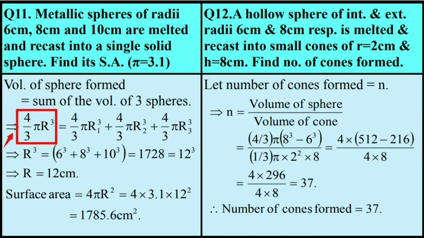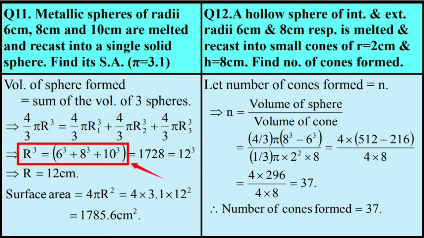In this given relation or equation, 4 by 3 pi r cube is the volume of the bigger sphere formed. That is equal to the sum of the volume of all the three spheres, that is 4 by 3 pi r1 cube plus 4 by 3 pi r2 cube plus 4 by 3 pi r3 cube.